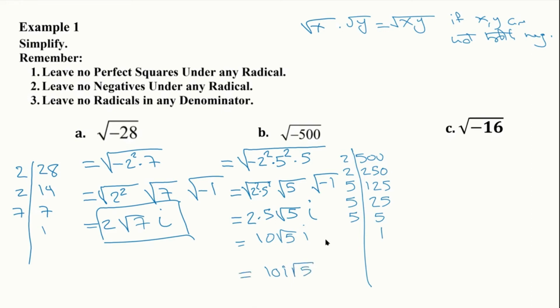Now most mathematicians, however, prefer this form because it can easily be put into the standard form of a plus bi, okay? So we usually like to put the I in the end.